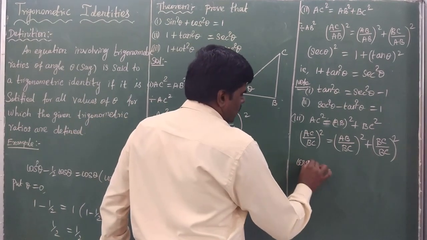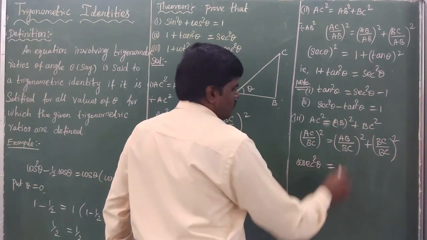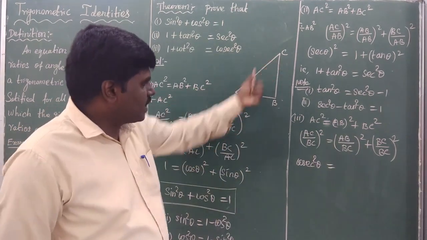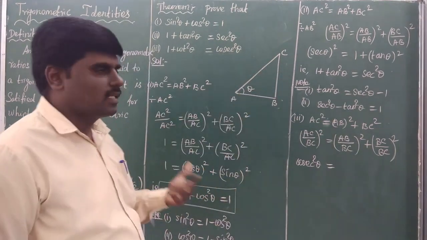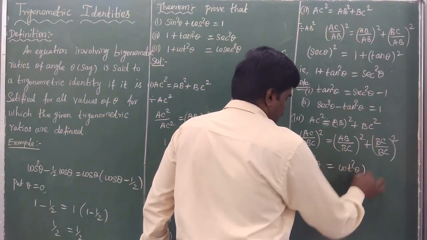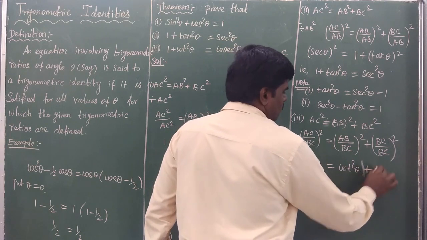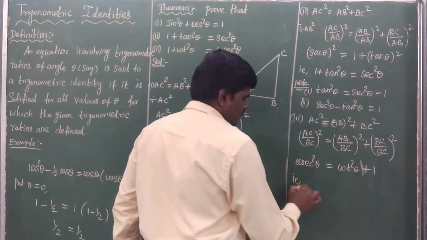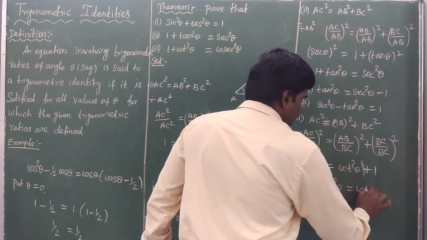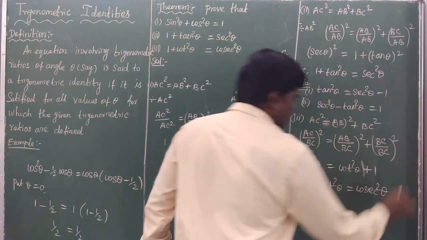So cosecant square theta is equal to AB by BC, adjacent by opposite, which is cot theta, so cot square theta, plus the value 1. The conclusion is 1 plus cot square theta is equal to cosecant square theta.